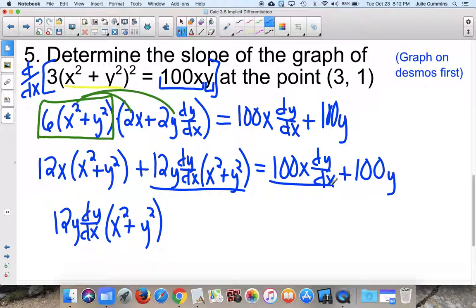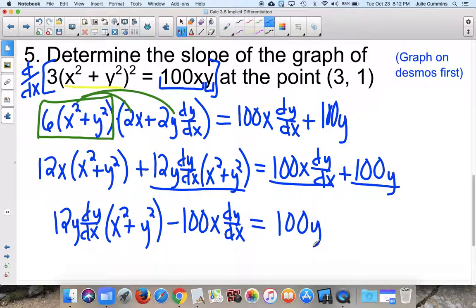And then this one is coming to the left, minus 100x dy/dx. On the other side, this one's staying put, 100y. This term's coming over to join it, minus 12x(x squared plus y squared).